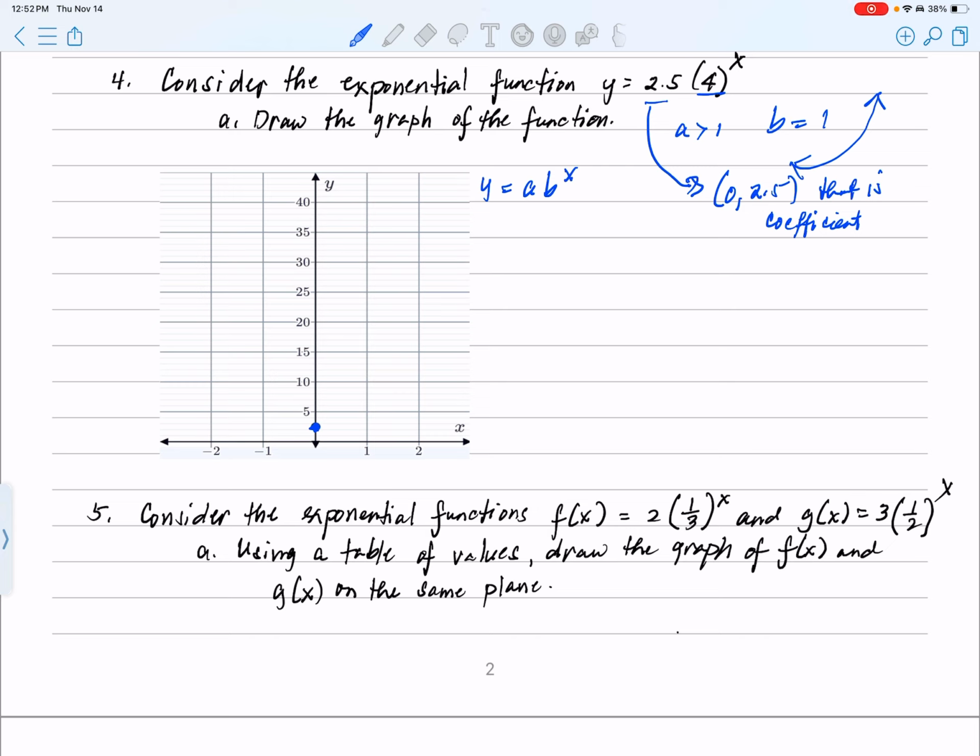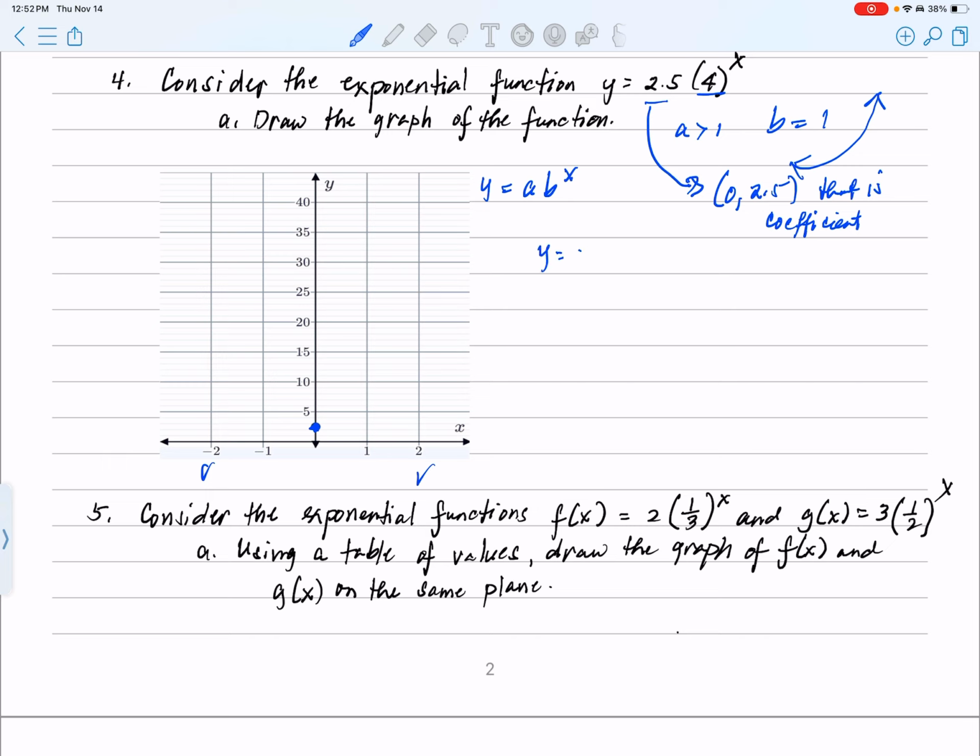So if we want to go from negative 2 and 2, I'm going to use first 2. What happens when x is 2?